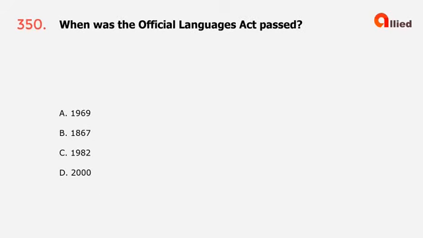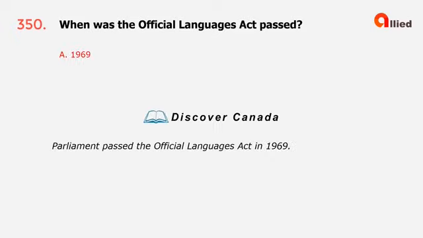Question 350. When was the Official Languages Act passed? A. 1969. B. 1867. C. 1982. D. 2000. The answer is A. 1969.